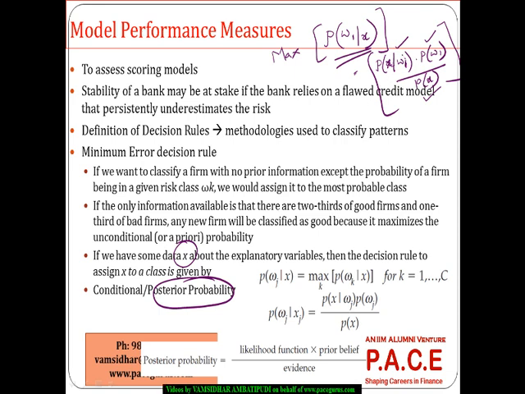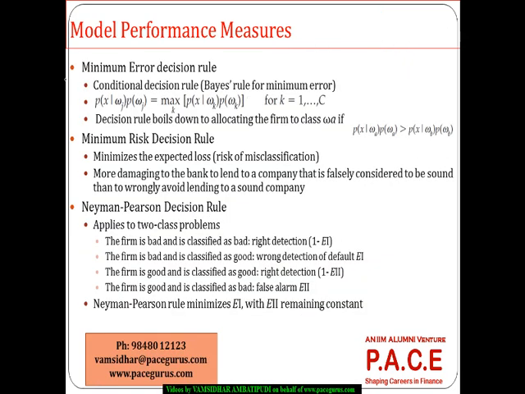Using this we can find the conditional probability, and my intention is to find where the conditional probability is the maximum, and assign the risk to that particular group, because I want to minimize my error altogether.